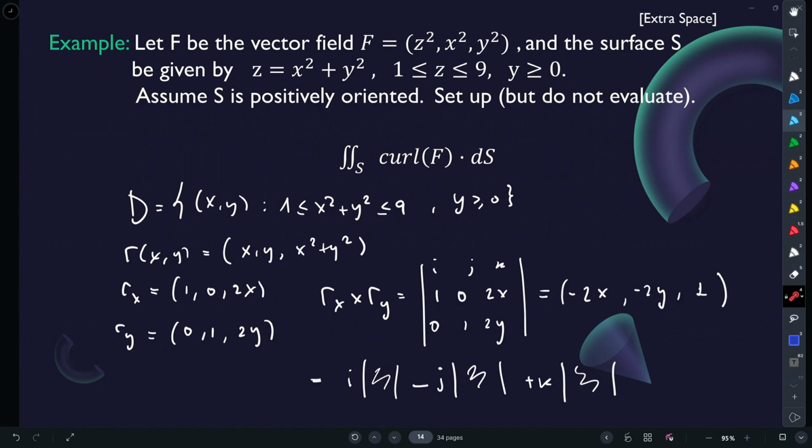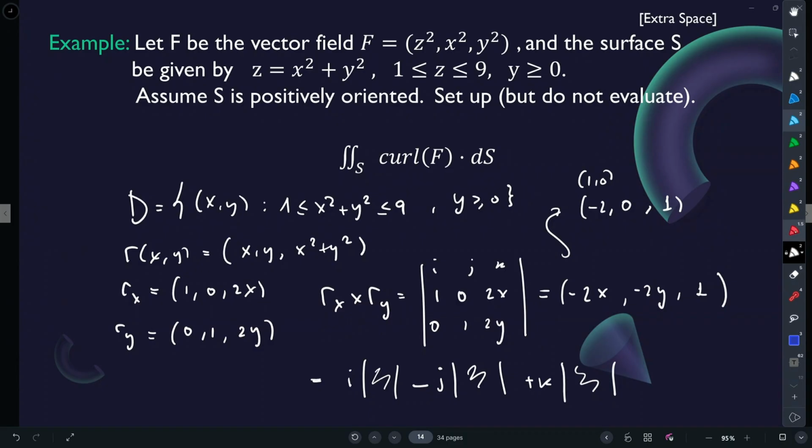Let's see what this vector looks like at one of the points in the domain, for example, when x is 1 and y is 0, which is in the domain since y is bigger or equal to 0. So at (1, 0), I get minus 2, 0, 1.